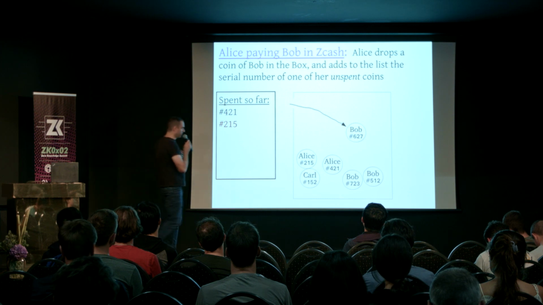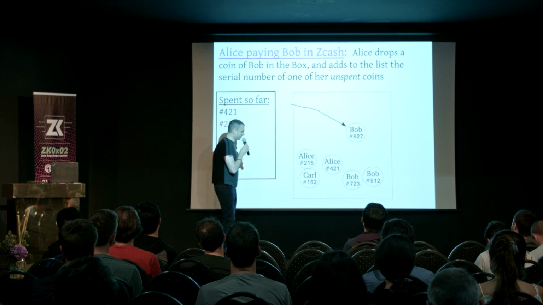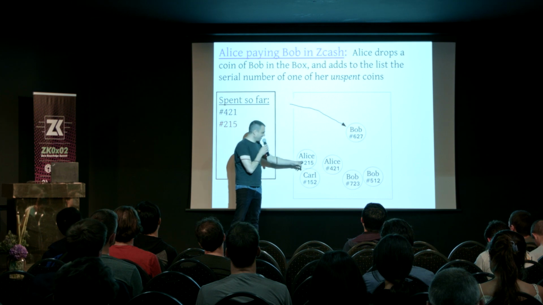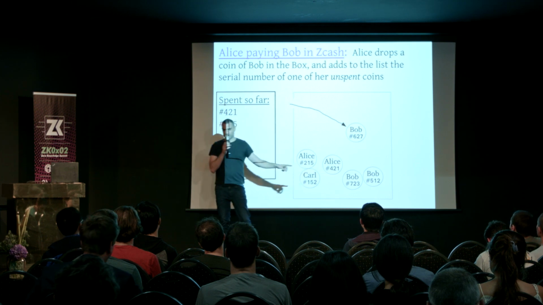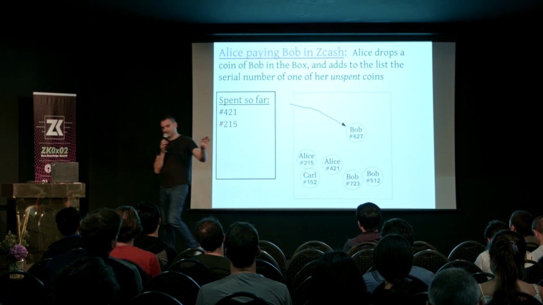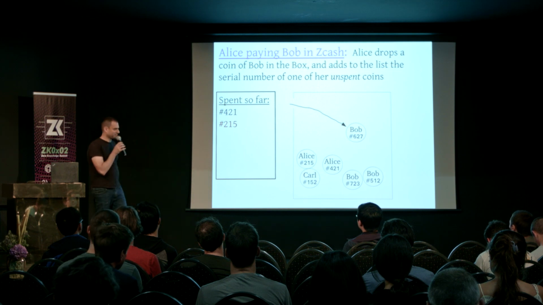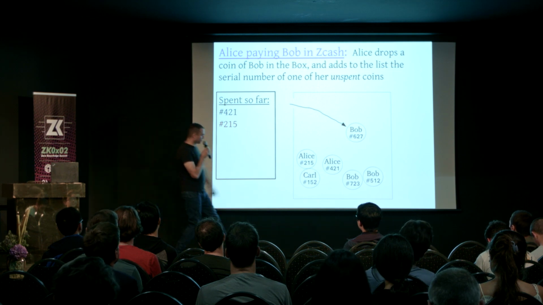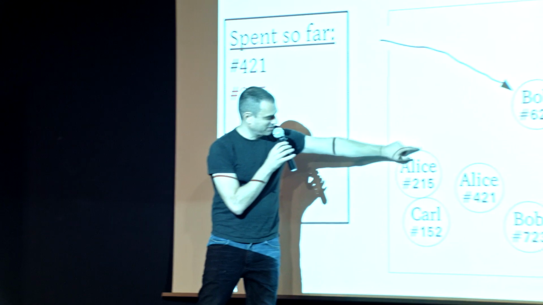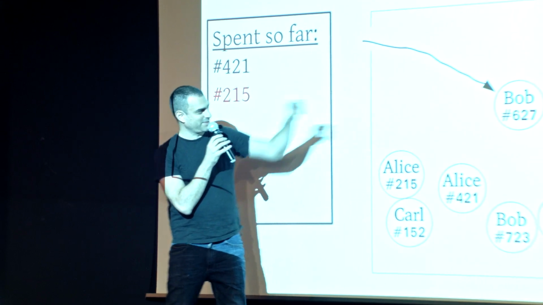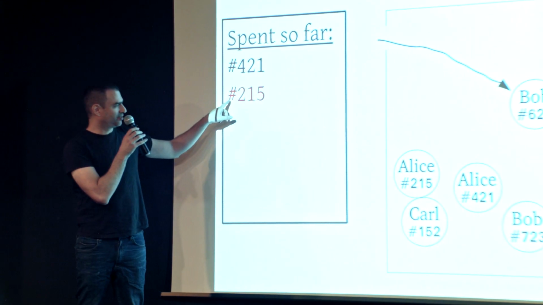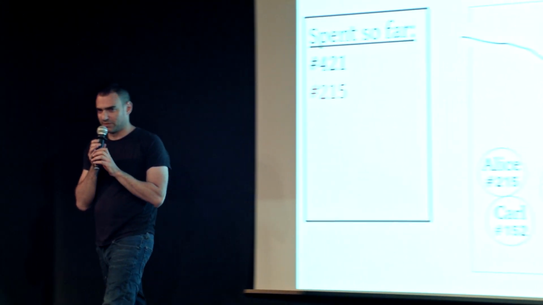And what is this number Alice is writing on the list? It's a serial number of some coin of hers that's still unspent. So, for example, if Alice is going to use this coin to make this payment now, she's going to add this serial number to the list.